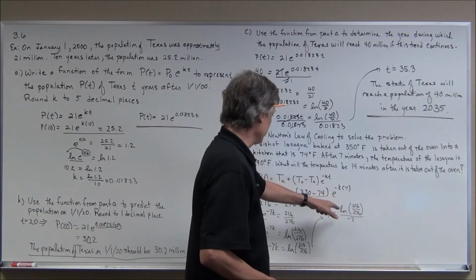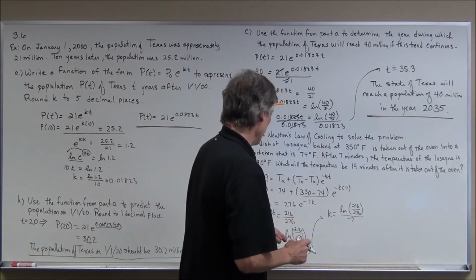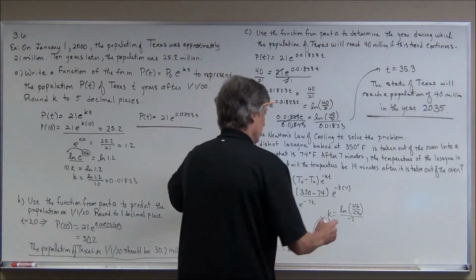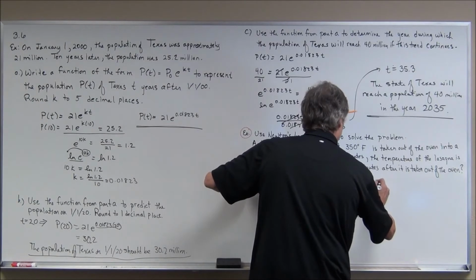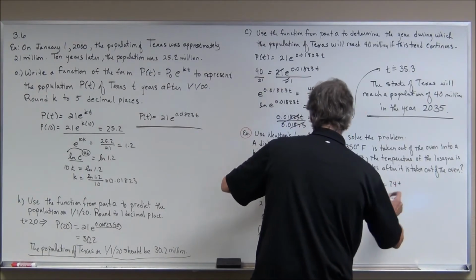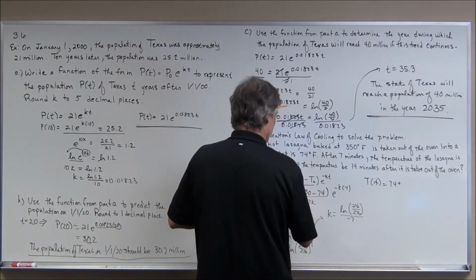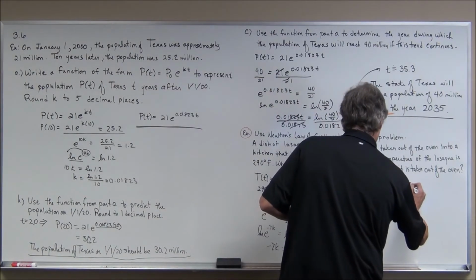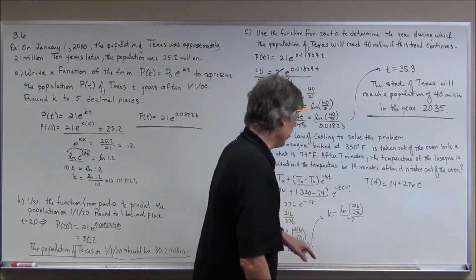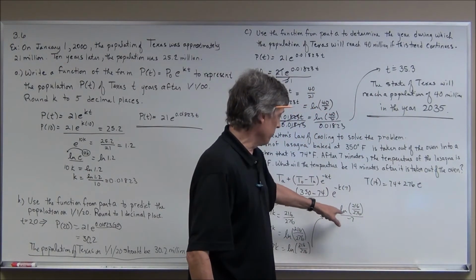So let's see what happens here. Now, if I go back and figure out the temperature in 14 minutes, that would be T of 14 is equal to 74 plus, now I already know what this is. This turned out to be 276 times e to the opposite of kt. So it would be the opposite of this.